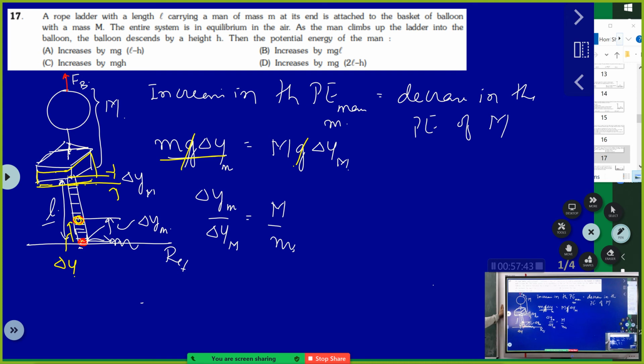He will climb L distance up. But the potential energy will automatically decrease. He will keep climbing, not distance F, he will climb L level. But at the same time, as he is climbing, the system itself is coming down.